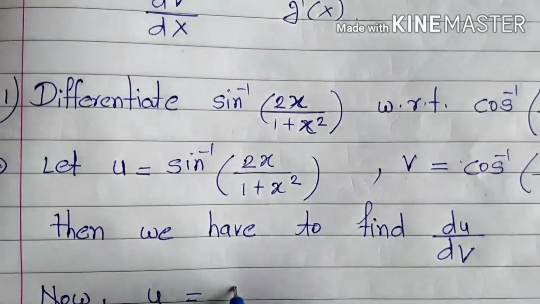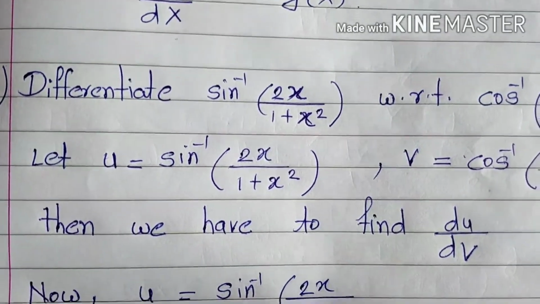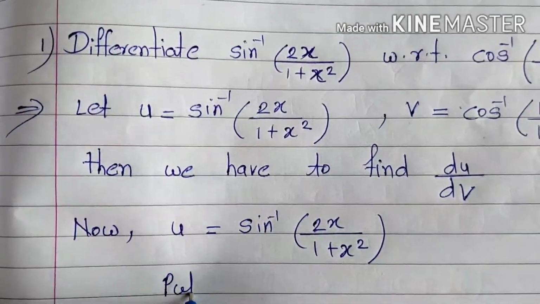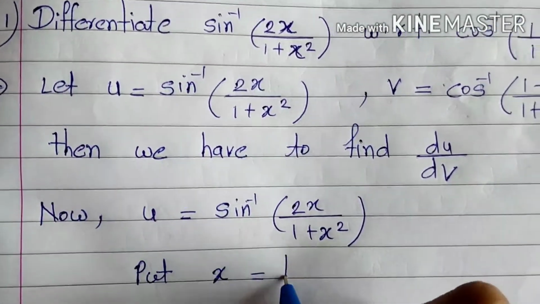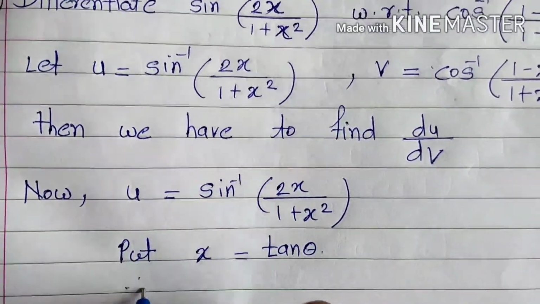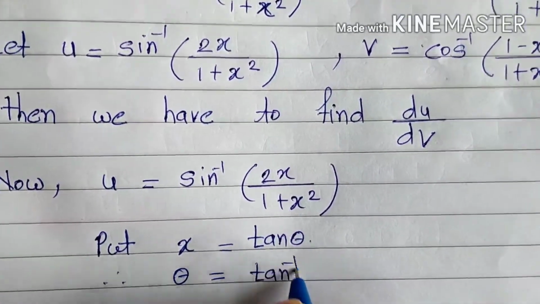Now u is equal to sine inverse 2x upon 1 plus x square. Put x equal to tan theta, because it is the formula. Therefore theta is equal to tan inverse x.